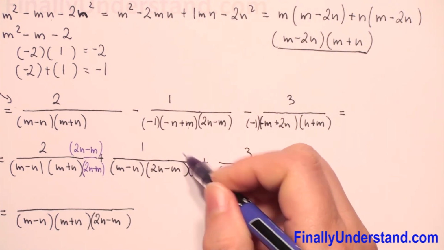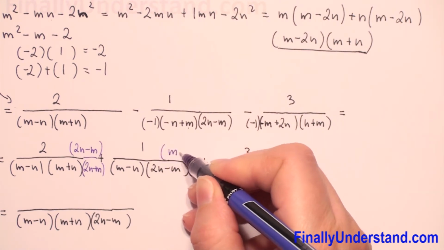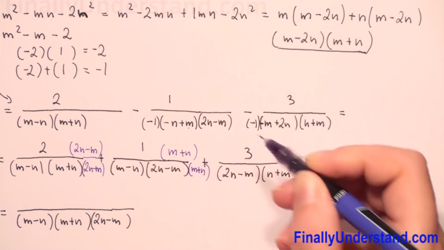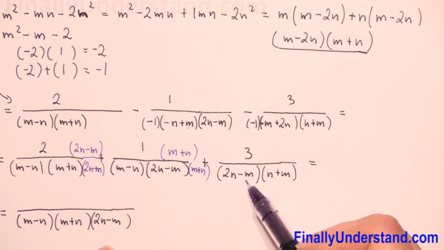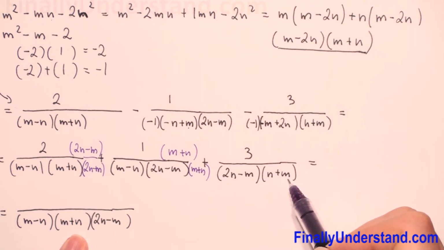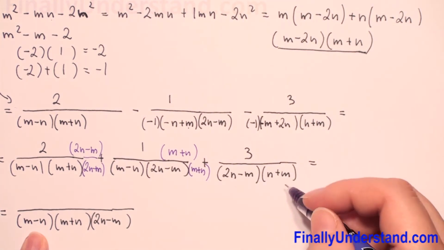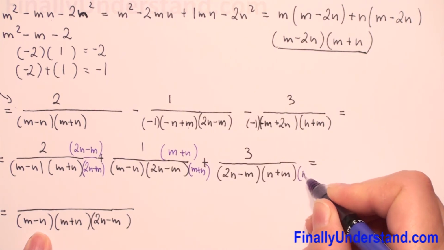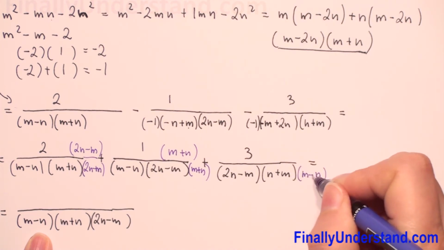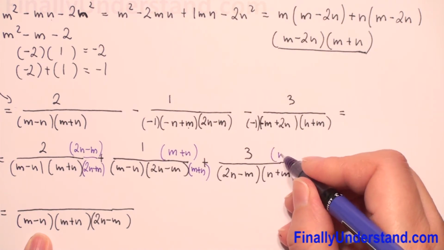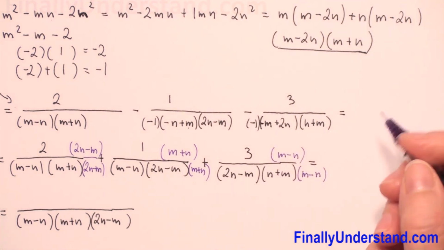If I multiply this denominator, I have to multiply the numerator by m plus n. And the last denominator we have 2n minus m, okay, n plus m, but we don't have m minus n, so I have to multiply the denominator by m minus n, and if I multiply the denominator, I have to multiply the numerator by the same expression.